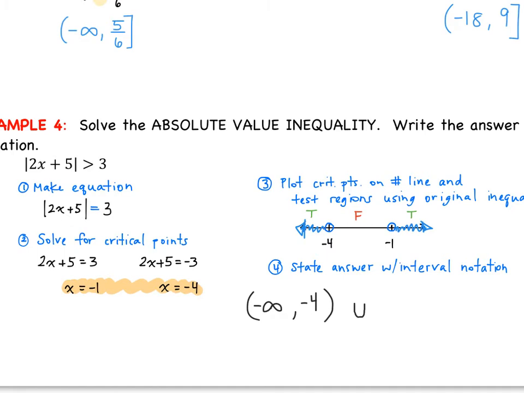In union with, or is another way to say that. Then, since I have an open circle, I know it's going to be a parenthesis, and then -1, and we go on forever, so we're going to positive infinity there. So there is our final answer. -infinity to -4, non-inclusive, in union with -1 to infinity, non-inclusive.